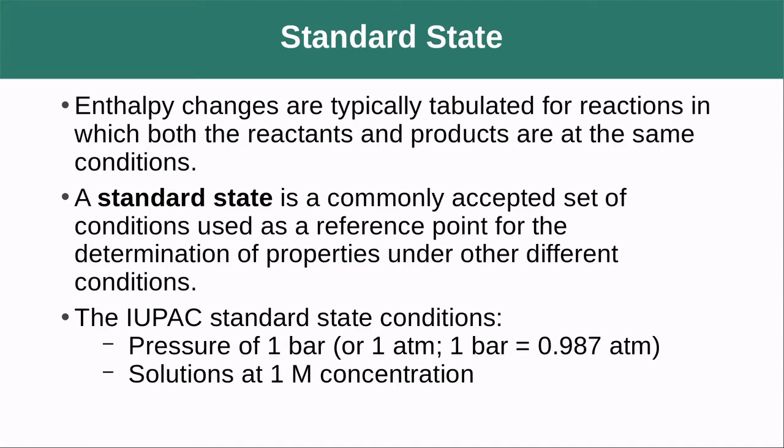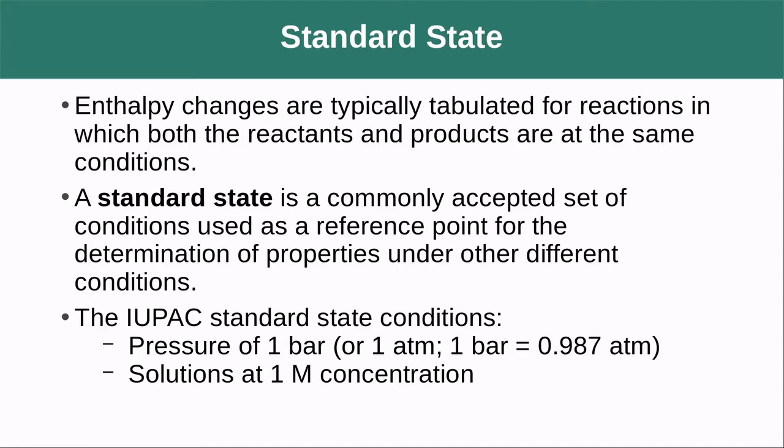So enthalpy changes are typically tabulated for reactions in which both the reactants and products are at the same conditions. This is called the standard state. The standard state is a commonly accepted set of conditions used as a reference point for the determination of properties under other conditions.